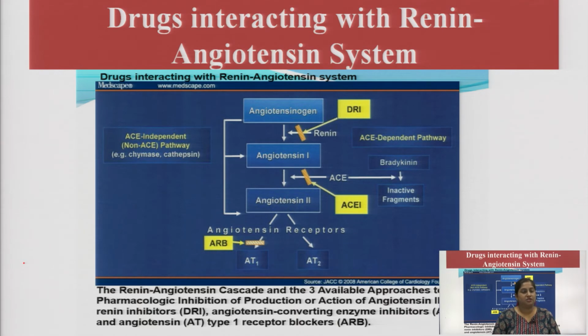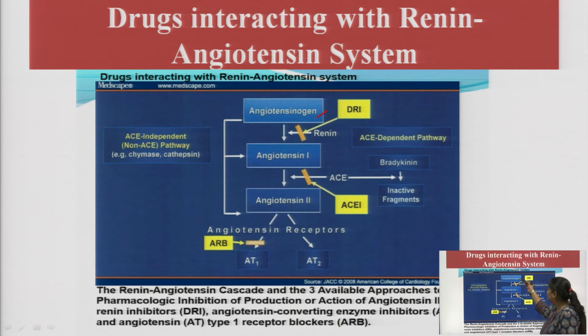These are the drugs which interact with the renin angiotensin system. How do they work? If you see the simple flow chart, what happens here, why the hypertension happens and where these drugs are to be incorporated is explained very clearly. So, we can see there is an agent, that is angiotensinogen.